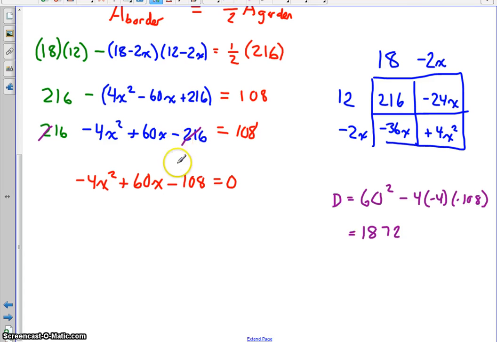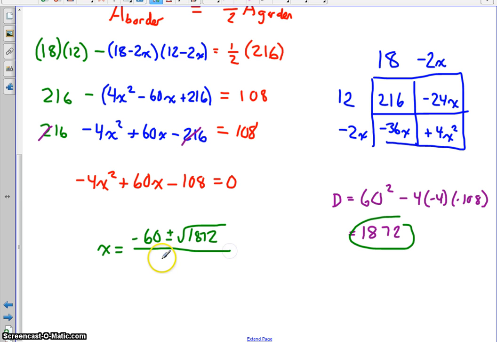So my best method here is to use the quadratic formula. So let's do that. x will be equal to negative b, which is negative 60, plus or minus the square root of b squared minus 4ac, which I already calculated over here. It's 1,872, all over 2a, and 2 times negative 4 is negative 8. So that will give me two possible answers.